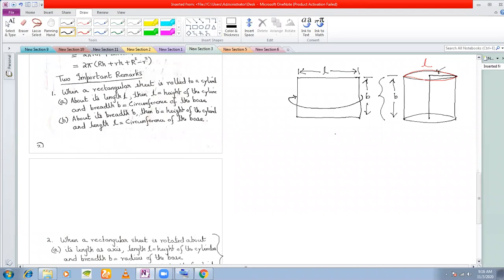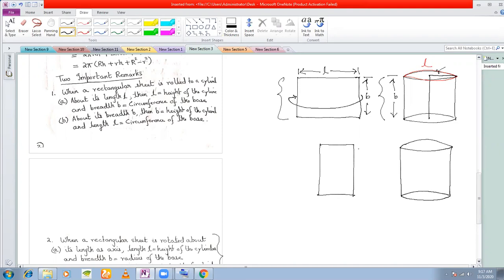When this is rolled along the breadth, what if it is rolled along the length? Same thing, but things change a little. This has been rolled along the breadth, right?